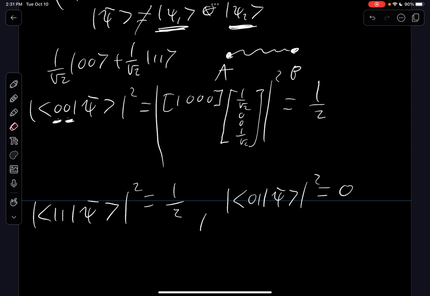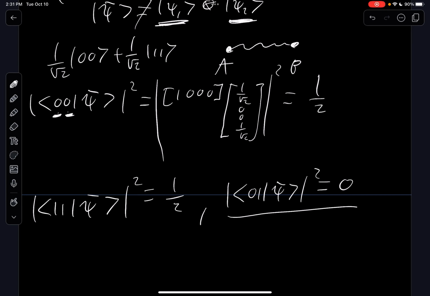The probability of seeing 0 on Alice's side and 1 on Bob's side never happens. That has probability 0, as we see here. So they have this shared randomness, but it's correlated. They don't know what outcome they're going to get, but they know that they will be correlated.